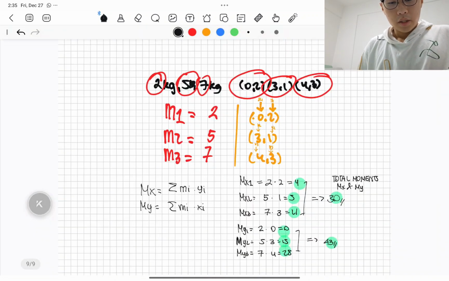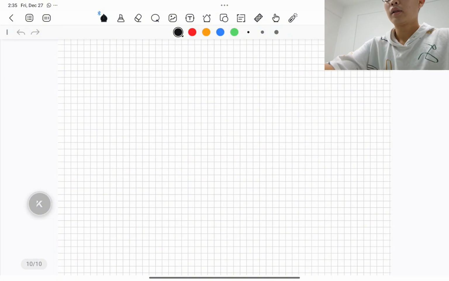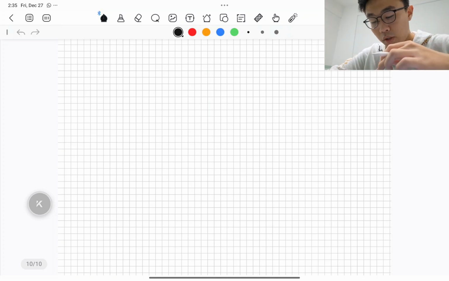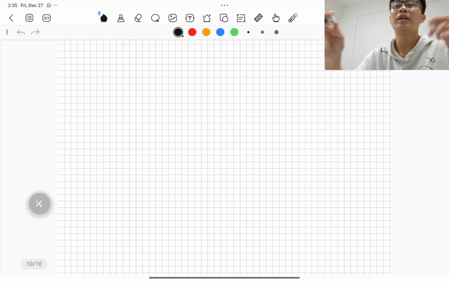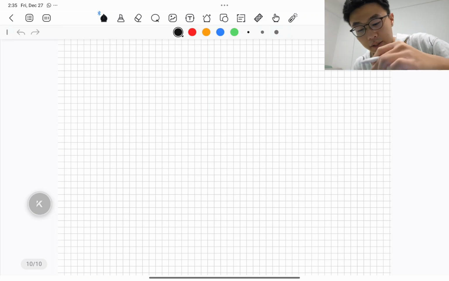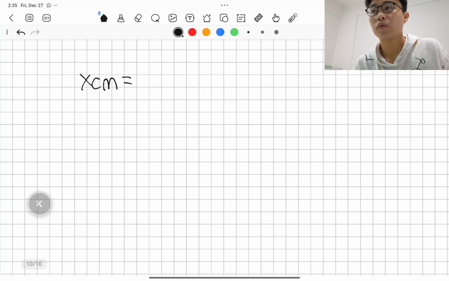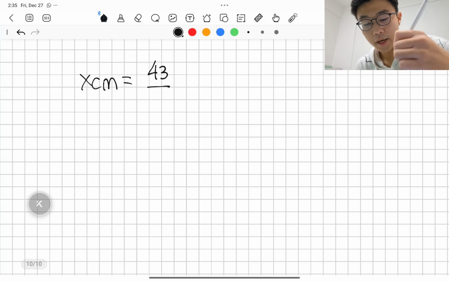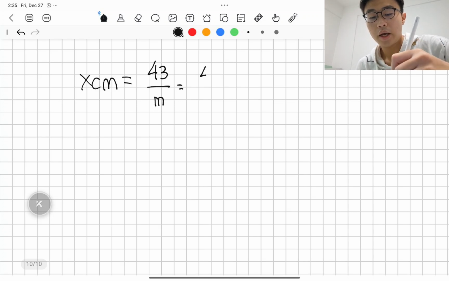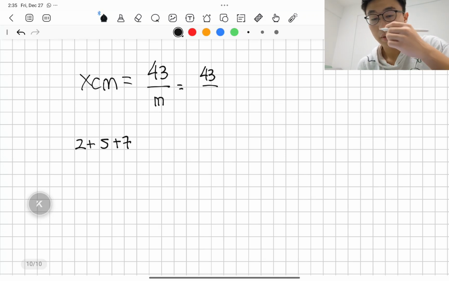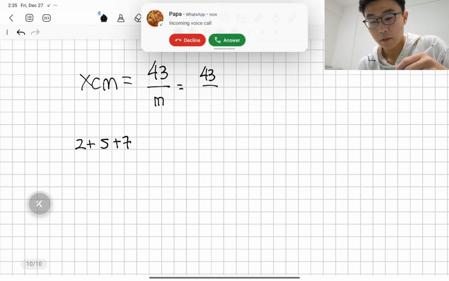Still using the same example, we will find the center of mass. To find the center of mass, it's divided into two, the x and the y. Let's say here xc is the total moment, 43, divided by M, and the M here is 2 plus 5 plus 7, which is the total mass.